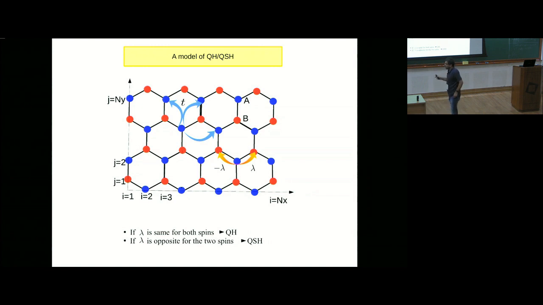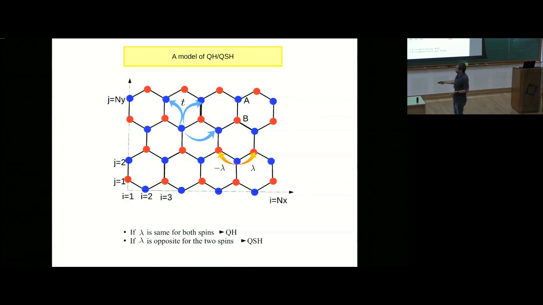The point here is that lambda, so my notation is wrong, this should be lambda, this should be T. The lambda should be such that it has opposite sign for moving in a clockwise direction or going in an anti-clockwise direction, okay? In that way you are breaking time reversal symmetry. Now, if lambda is the same for both up and down spin, then you break time reversal symmetry and you get a quantum Hall state, with a gap of the order of lambda.